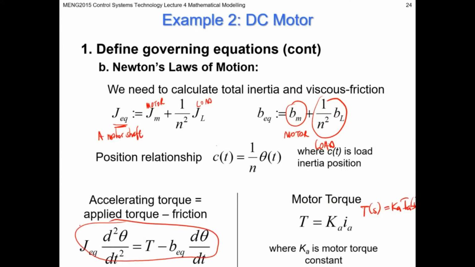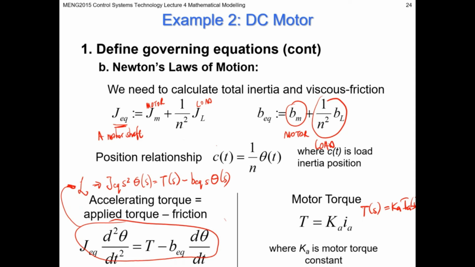If we're taking Laplace transforms of this, then we have JEQ times, now we have an S squared here because you have the second derivative of theta, right, equals T of S minus BEQ, that's a constant, times S theta S. Right?